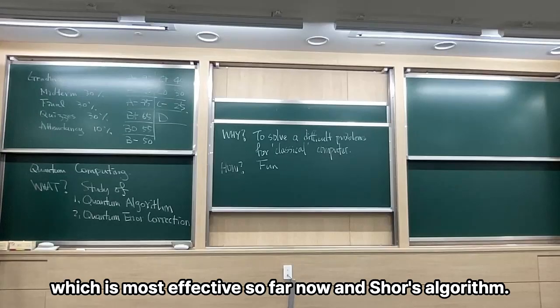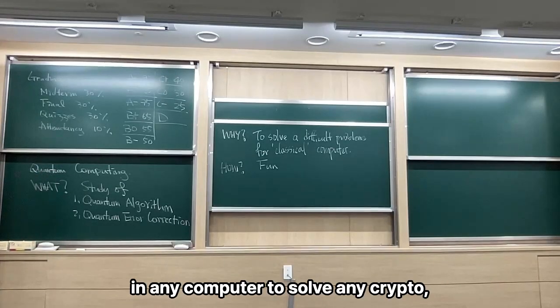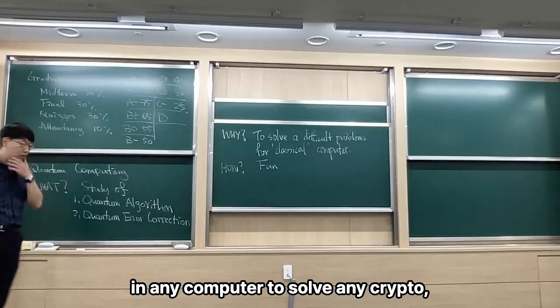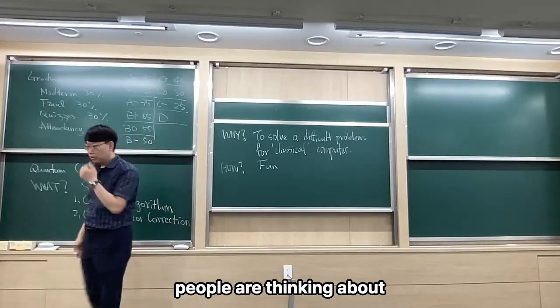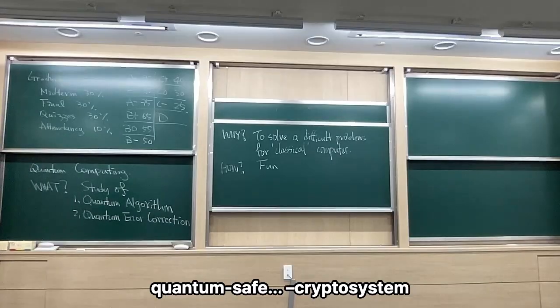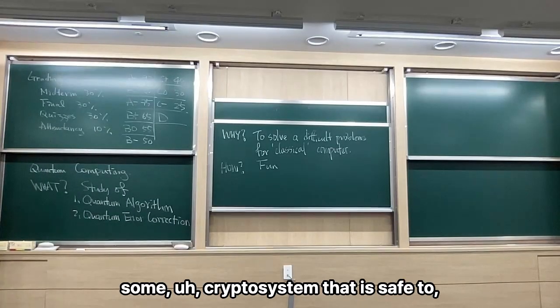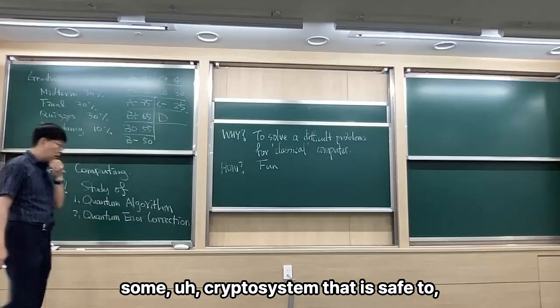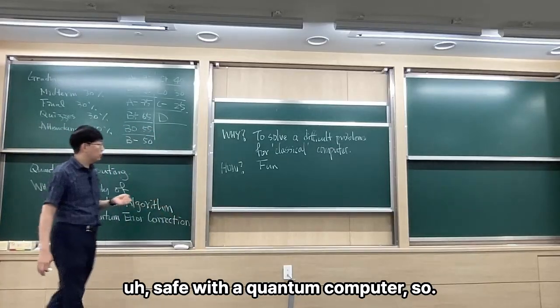Shor's algorithm has never been implemented on any computer to break any crypto, but because of it, people are thinking about quantum-safe crypto systems, and they have already found some crypto systems that are safe against a quantum computer.